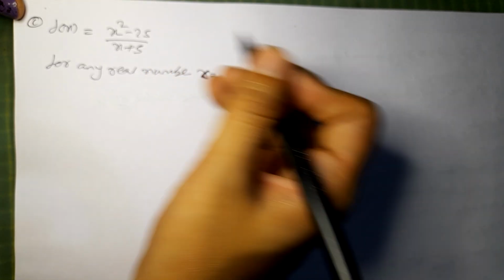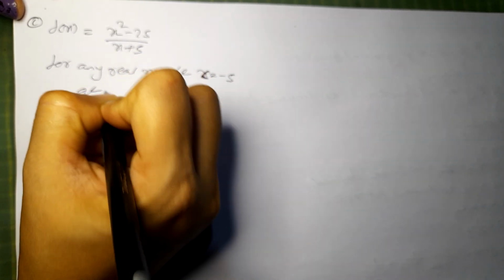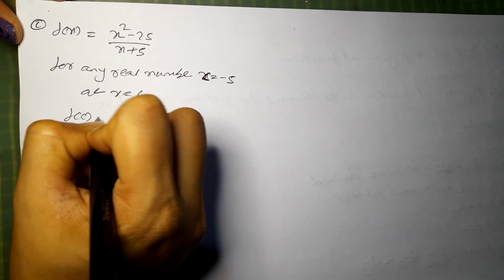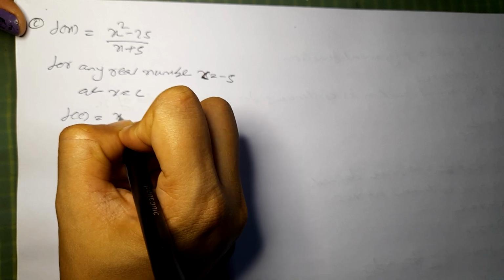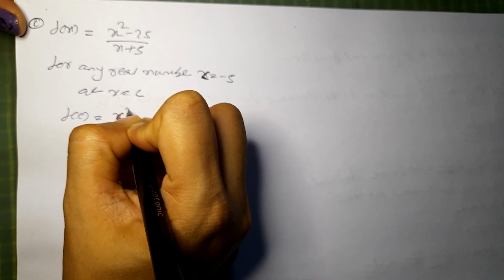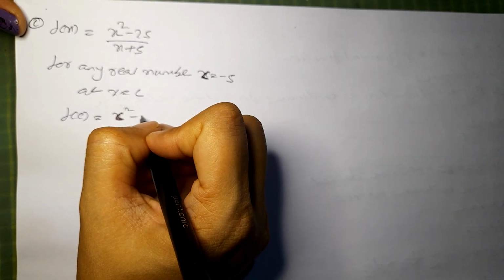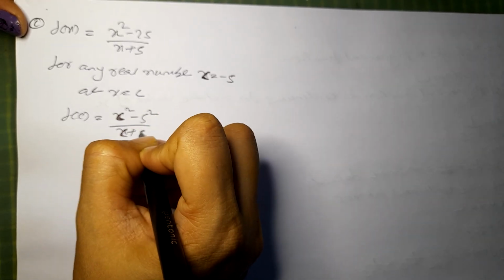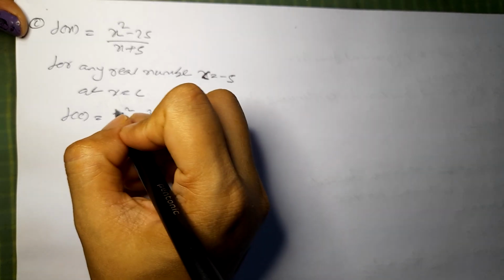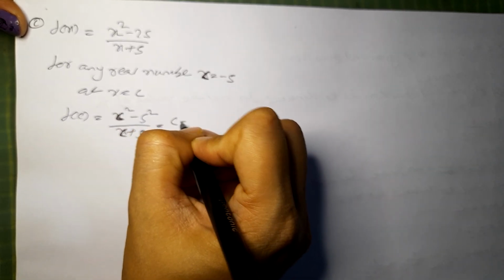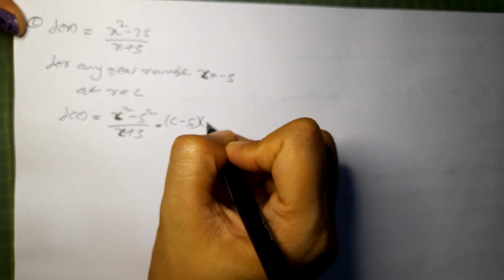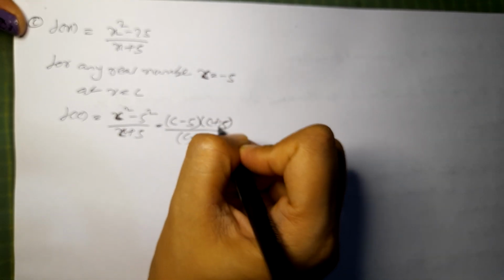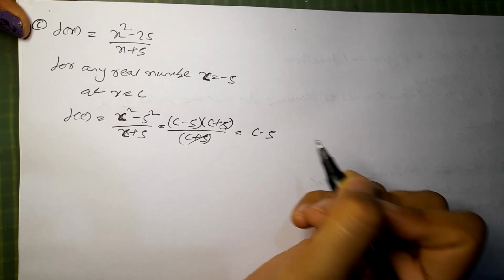So we cannot take that number. So at x equal to c, f of c will be c square minus 25 over c plus 5. 25 can be written as 5 square. Now this is the algebraic formula a square minus b square, which is a minus b times a plus b. So c plus 5 will be eliminated, and it gives only c minus 5.